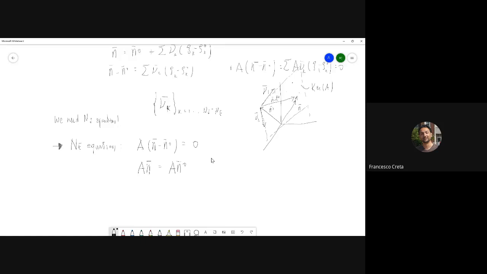And that, because n0 is a constant, is the number of moles of each element, which is a constant, okay?